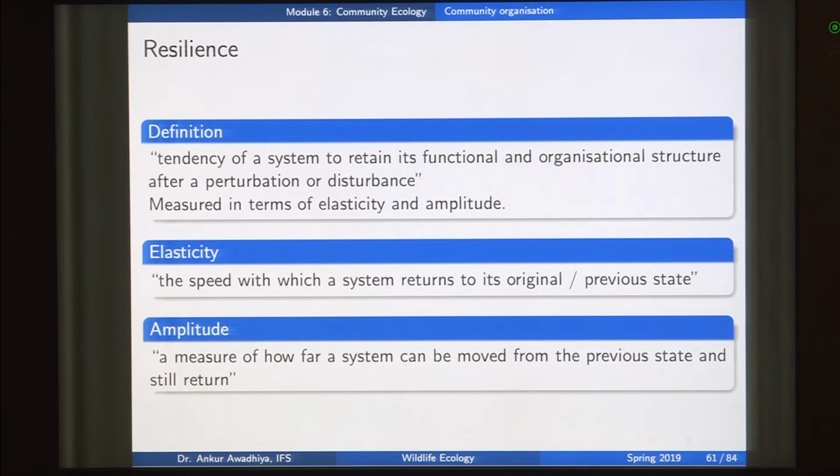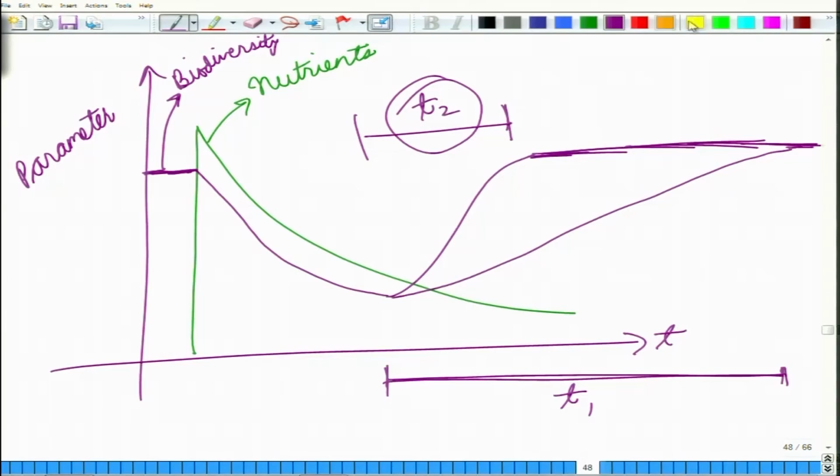In the case of amplitude, we are saying that in place of giving this much nutrient spike, suppose we give it a very great nutrient spike. In that case, it is possible that the biodiversity reduces and the system is never able to come back.